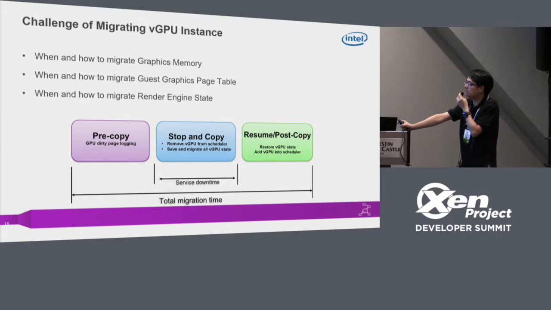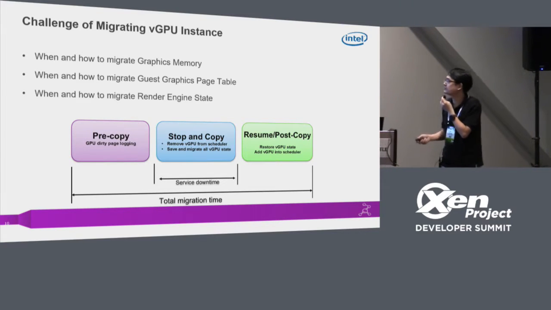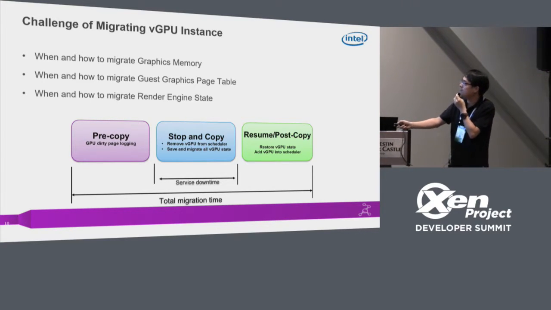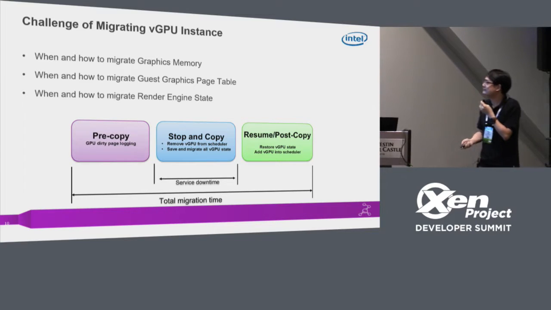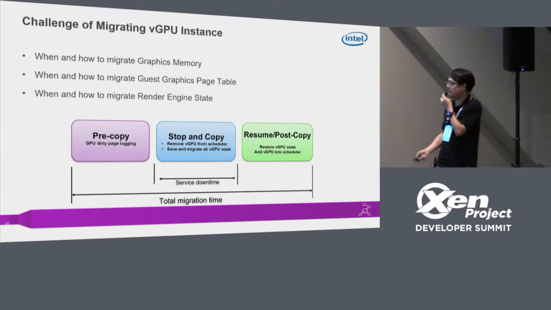We will try to migrate the graphic page tables at this stage. After we do everything, in the target site we will resume these resources one by one. Of course, we need to add the vGPU instance into the scheduler again.